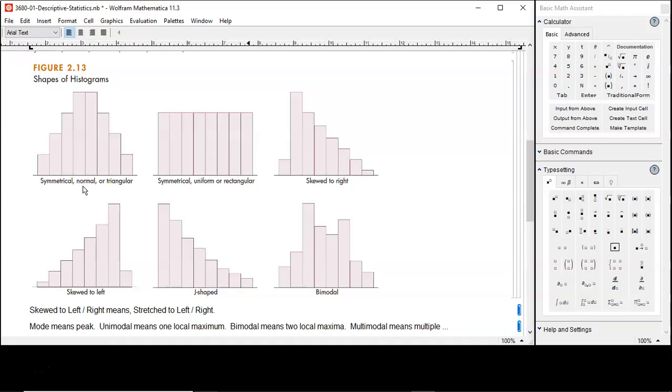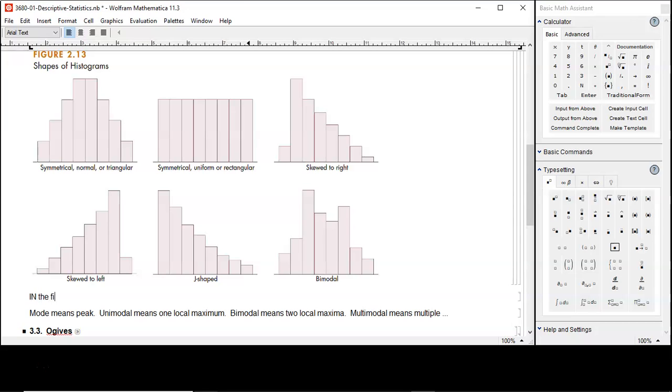That too must be right in the middle, right? That should not be too difficult. So the first picture, in the first shape, in the triangular one, we have this.